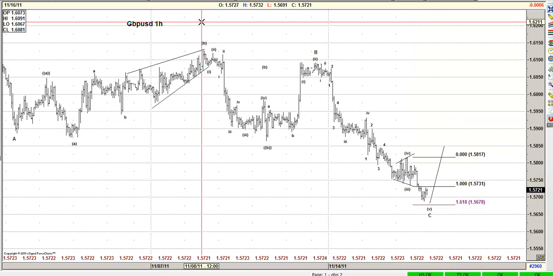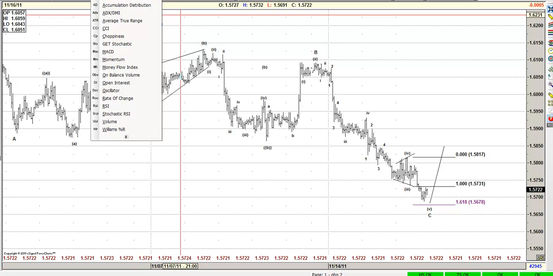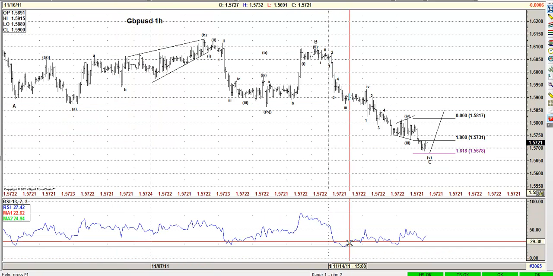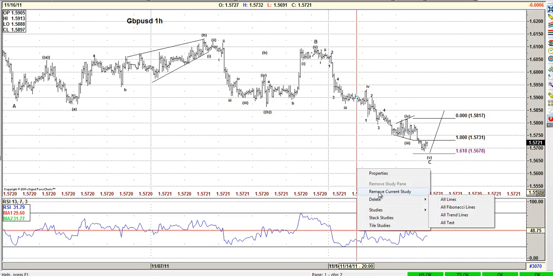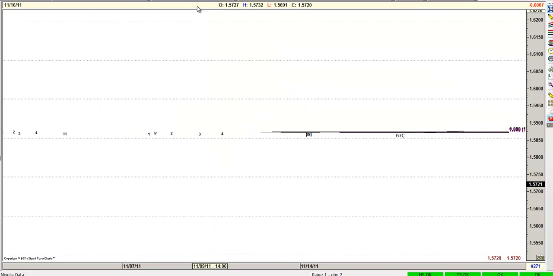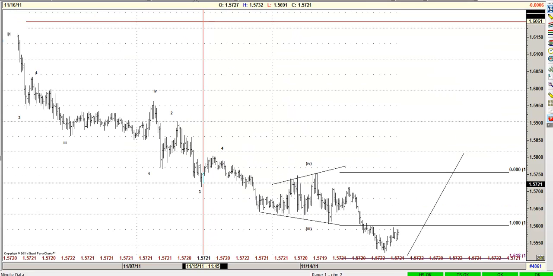Now, this structure, look at the 60-minute chart. This structure is a well-defined RSI, proven to be a nice 5-wave swing, and that's why we prefer the bullish triangle, because cable won't go lower.